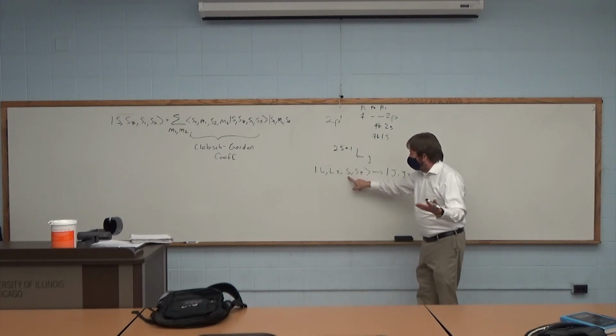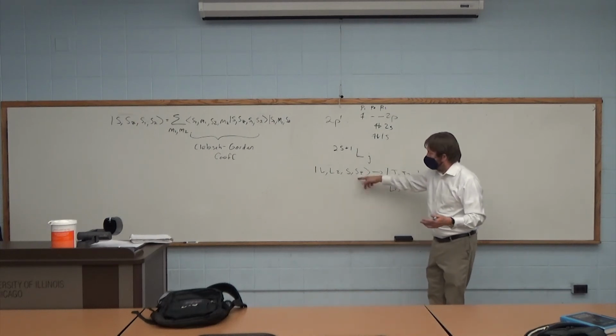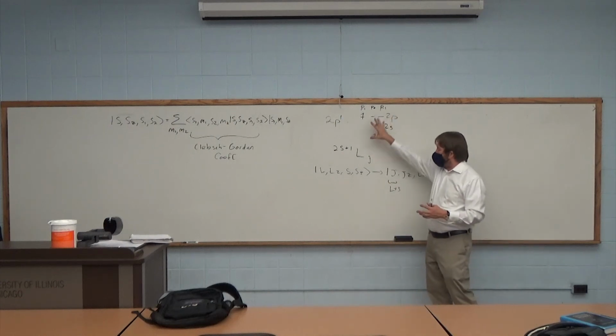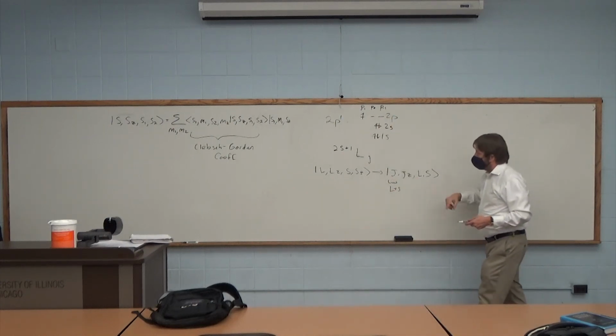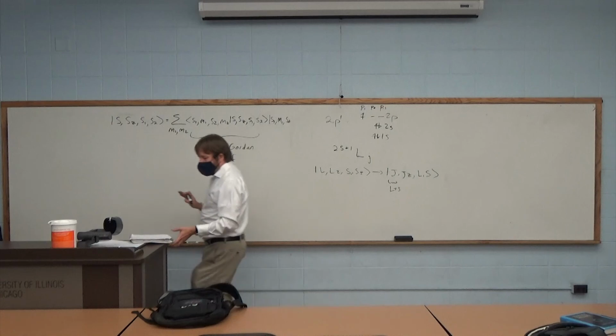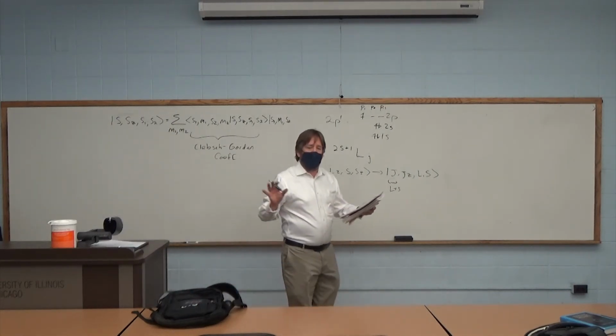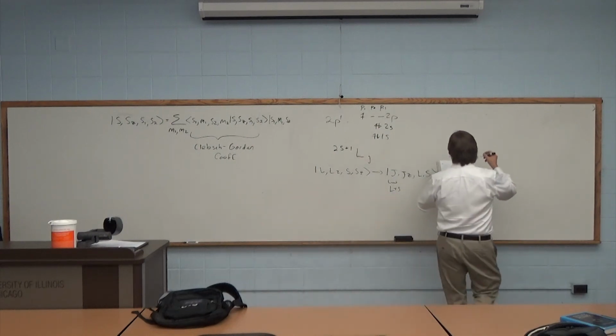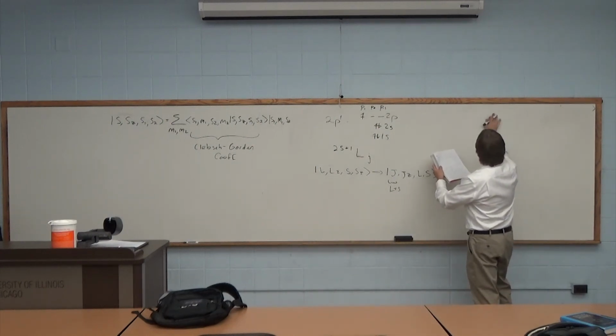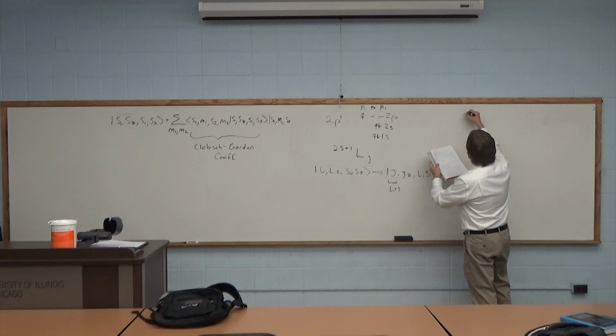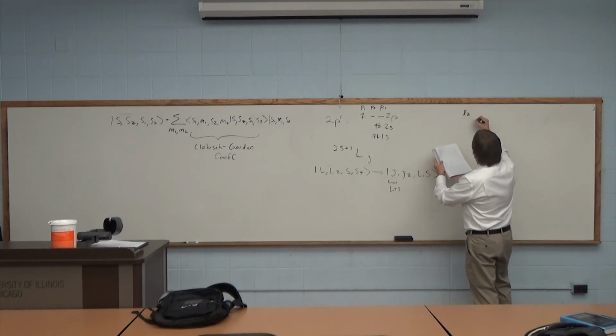That's always plus or minus a half. You know that from this, but we have to convert it into this. This is another case where we don't need to do any Clebsch-Gordan. We don't have to do anything too complicated.